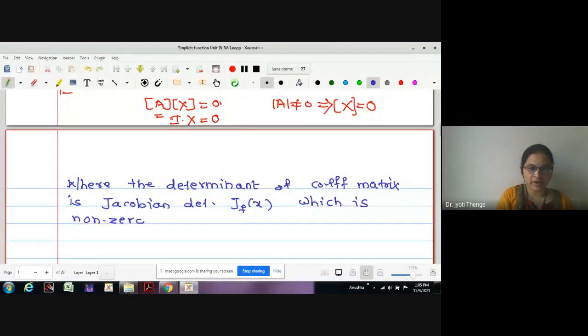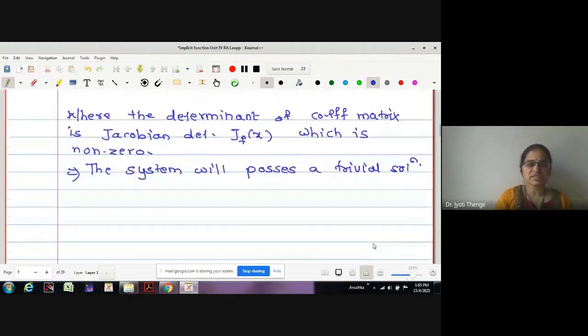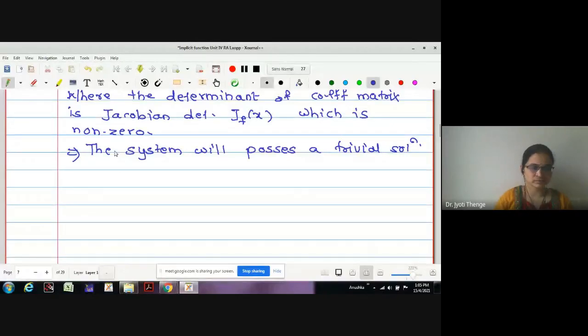Correct, na? This is given to be non-zero. Therefore, may I say the system will possess a trivial solution. What is the meaning of a trivial solution? All the variables are 0, na?